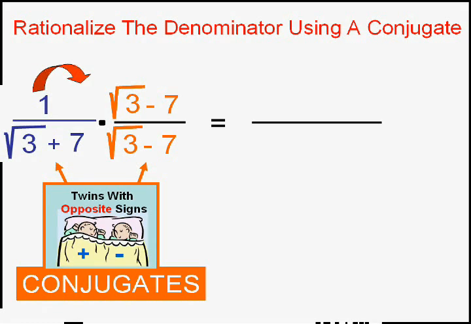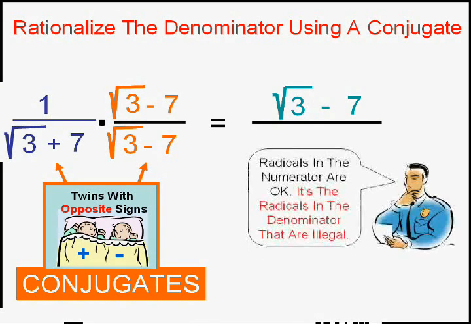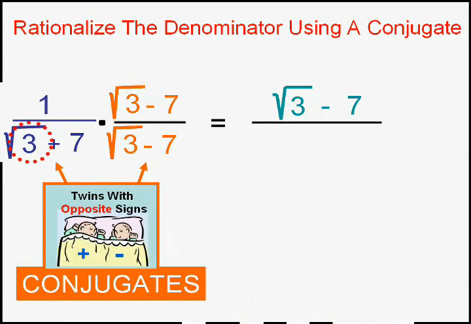In the top, I get 1 radical 3, minus 7. And that's okay. I'm allowed to have a radical in the top. Now in the bottom, if I use the conjugate, I'll multiply radical 3 times each of these. That gives me a radical 9, but recall, that's a perfect square. And then I get minus 7 radical 3.